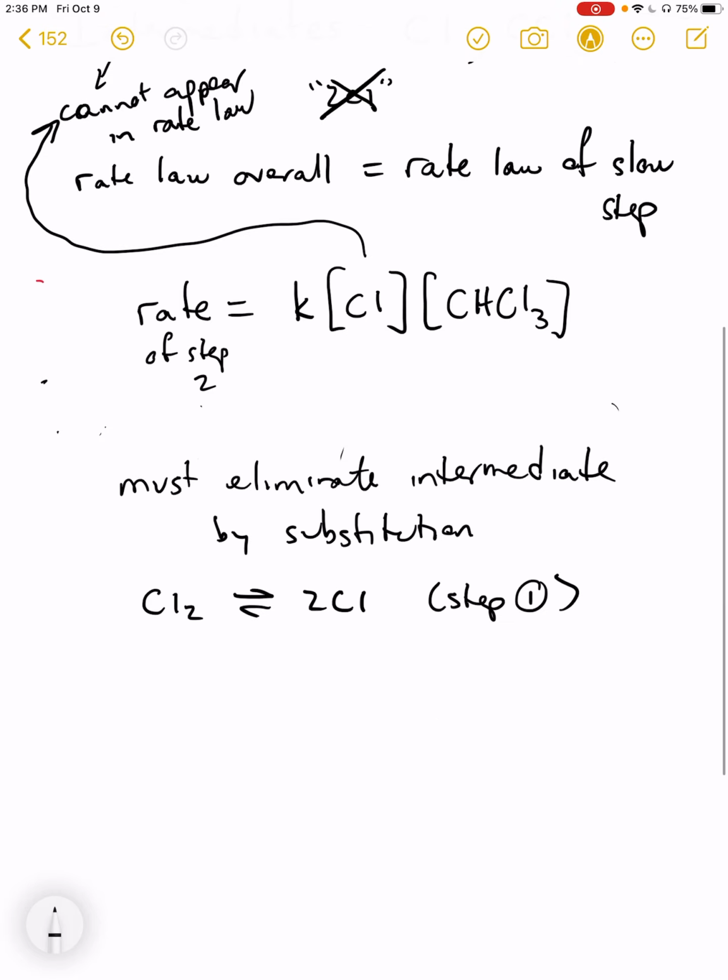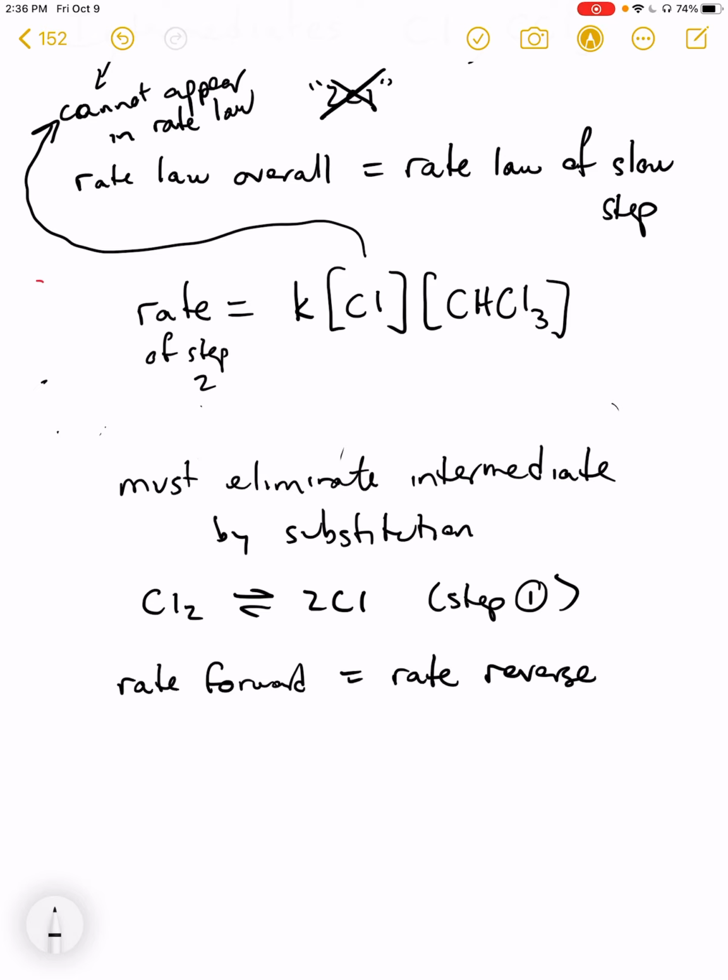And since that is an equilibrium, the rate of this forward reaction is going to be equal to the rate of the reverse reaction. The rate of the forward is going to equal the rate of the reverse. That's the definition of equilibrium.